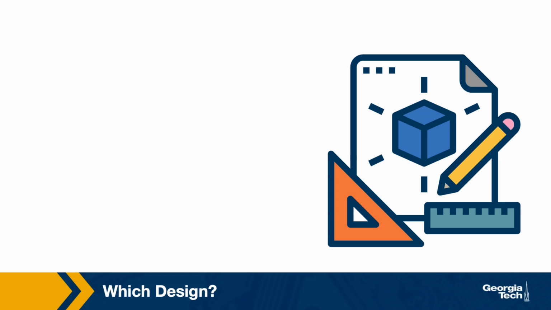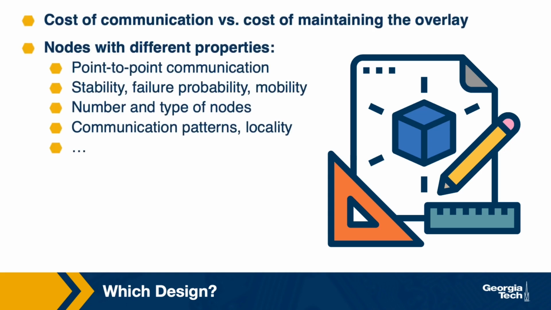The centralized approach or the gossip-based approaches that we mentioned earlier present another design point. To determine which design makes sense, one should recognize that the choice of the design has some implications on the actual cost of the communication, since it has some implication on the number of messages that are involved in finding a node, in performing a lookup, the number of messages that are involved in performing an update, and so forth.